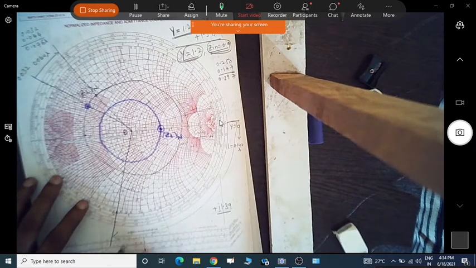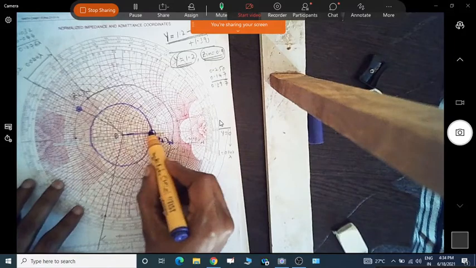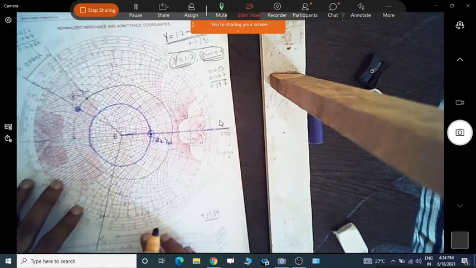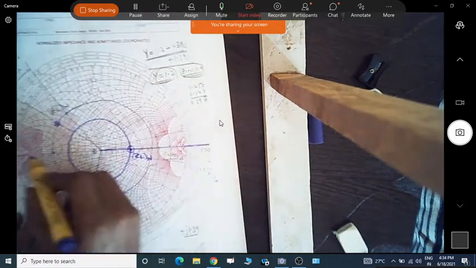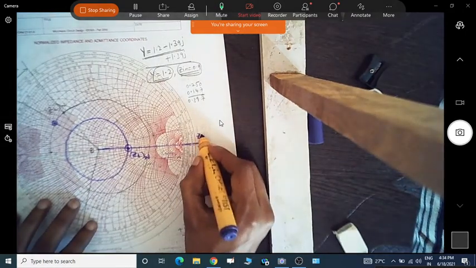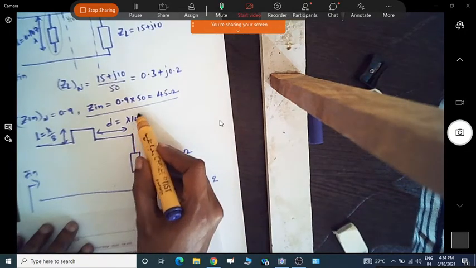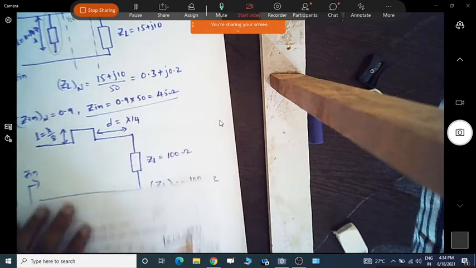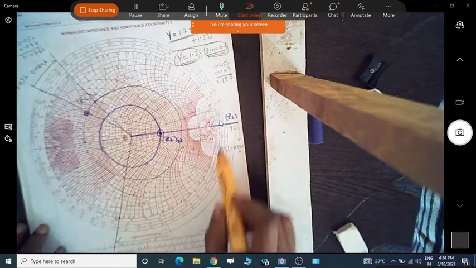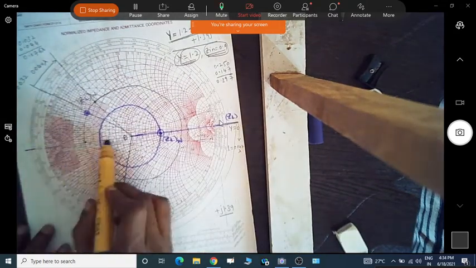Once we draw the VSWR circle, we can see where the Z is exactly located at the real axis of the Smith chart. So now this is our load point. Now we have to move how much distance? We have to move exactly lambda by 4, that is 0.25. In the Smith chart, exactly 0.25 means that it is opposite, here at this point.